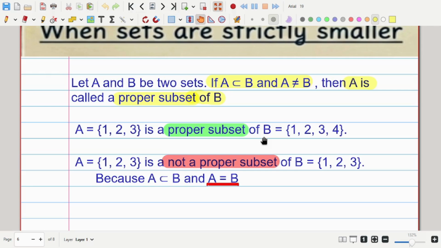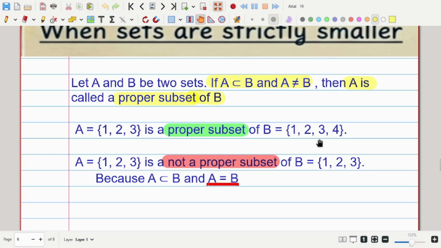To check the proper subset, check the two conditions. If A is a subset of B, subset means every element of A must be present in set B. Now check the elements of A. Is 1 present in B? Yes, 1 is present. Is 2 present in B? 2 is present. Is 3 present in B?